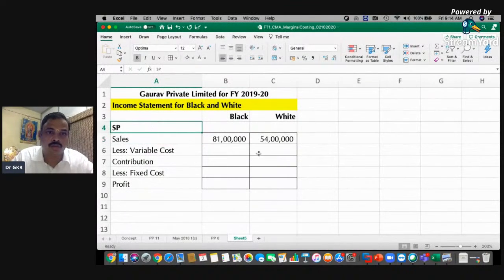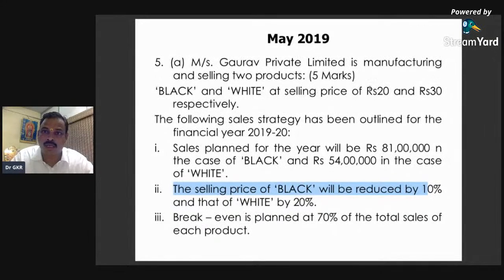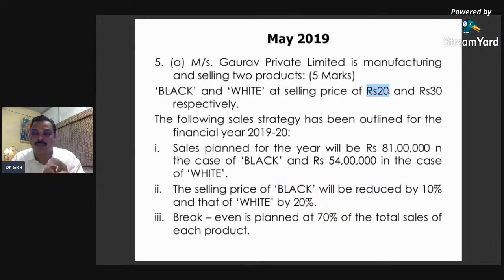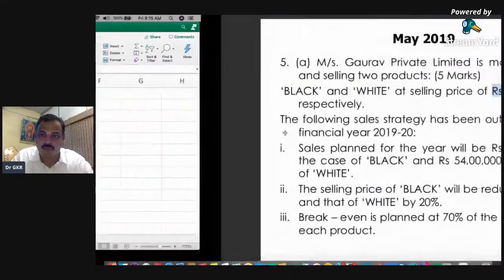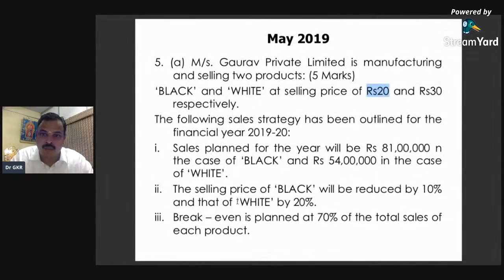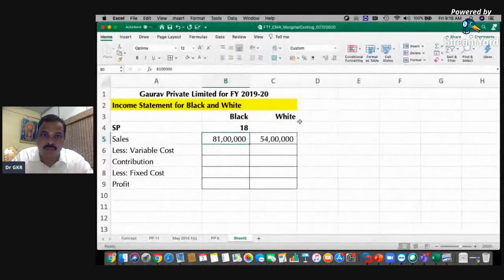So selling price was originally 20 and 30, but selling price of black will be reduced by 10%. So 20 into 10% will be 2. So the revised selling price will be 18. Then white will be reduced by 20%. So 30 into 20% is 6 rupees. So 30 minus 6 will be 24.